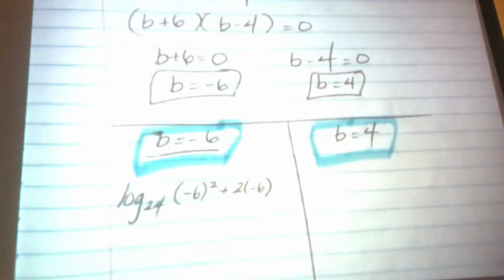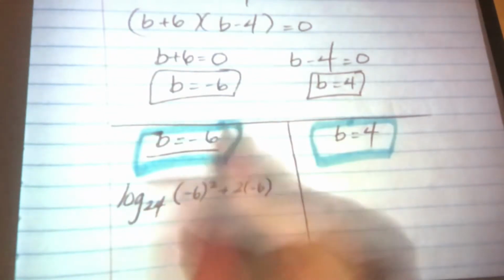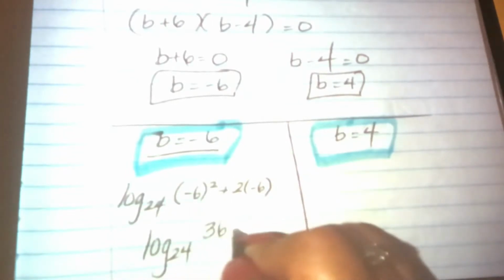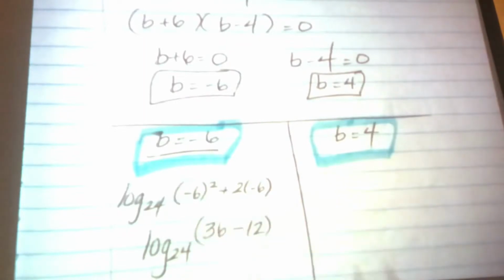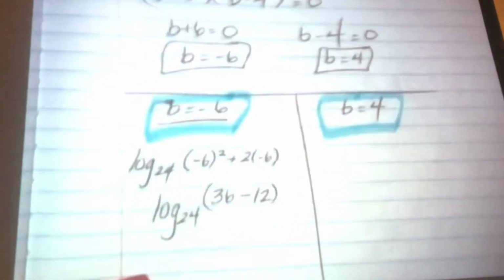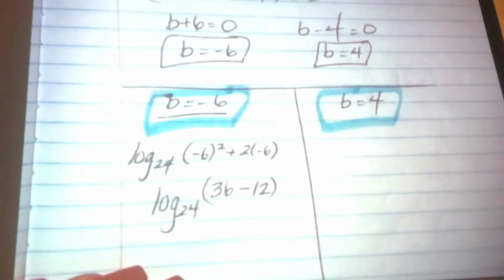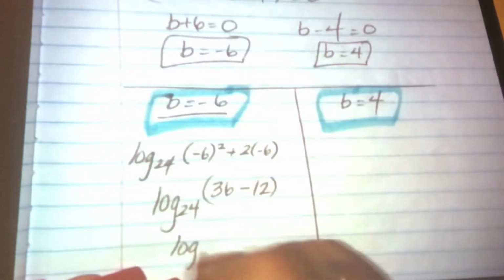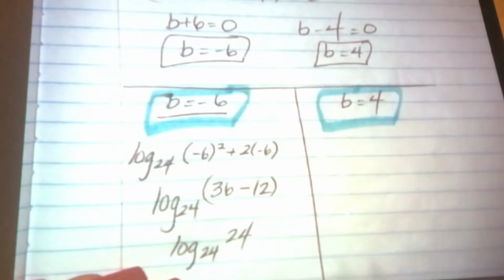So you're going to plug in log base 24 of -6 squared plus 2 times -6. -6 squared is 36, so you have log base 24 of 36 minus 12. That's log base 24 of 24.